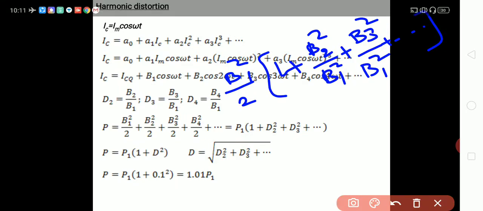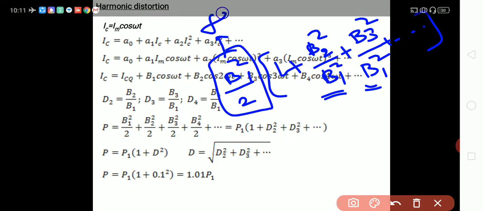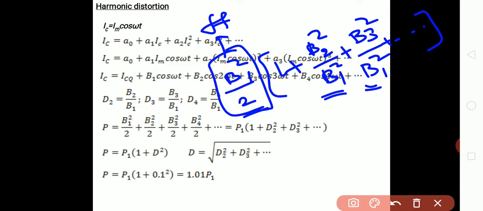We already defined that this is the distortion due to the second harmonic, this is the distortion due to the third harmonic and so on. This term is due to the fundamental frequency, hence it is our main component. So that is the power due to the first component into 1 plus D2 square plus D3 square and so on, and all these components represent the distortion.